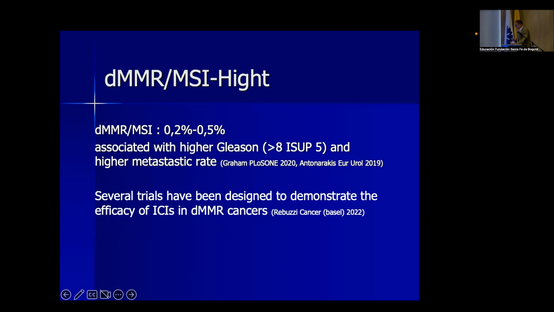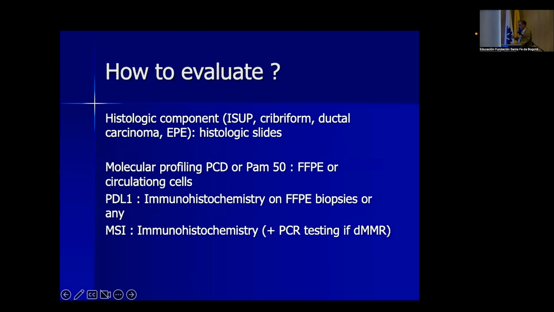This is a rare event in prostate cancer, with less than 5% of patients having an alteration in this pathway, but it is associated with a higher Gleason grade, a higher metastatic rate and a shorter overall survival. So several trials are now under investigation to demonstrate the better efficiency of inhibitors targeting inflammation and microsatellite instability.